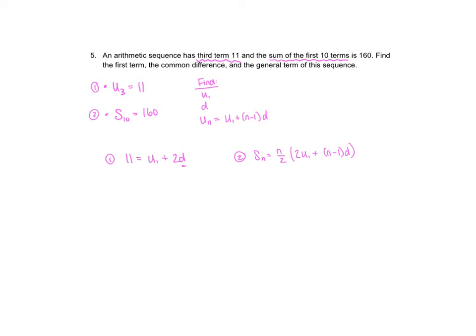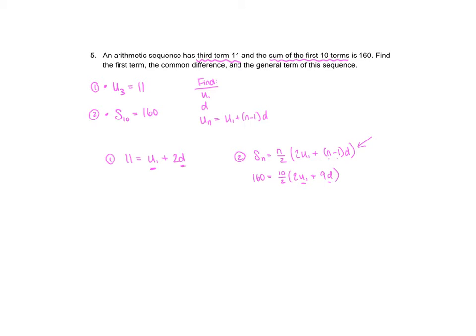So when n is 10, S10 equals 160, we have 10 over 2 times (2u1 plus (10 minus 1), so 9d). The reason we use this formula is because the other one had the first term and d, so we needed to make it where it was the first term and d.